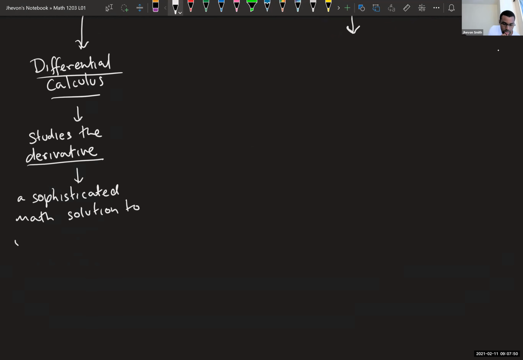There's something called the rate problem. Okay. Now, the rate problem is a very vague problem, but it's a very important problem. So here's what the rate problem is.